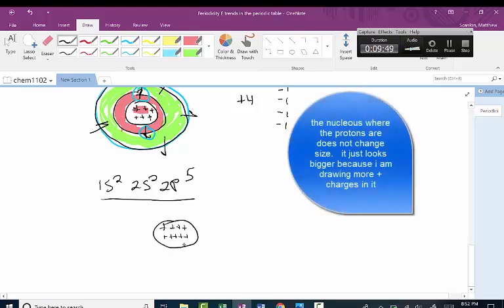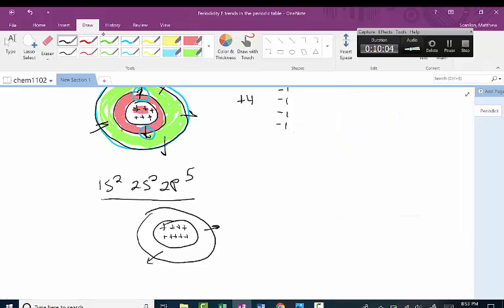That makes it bigger, but it doesn't change size. Again, we'll have our first shell with 2 electrons in it, drawn here, and we have 2 protons being canceled. I'll cancel them out right here, and that's our first shell, like that.